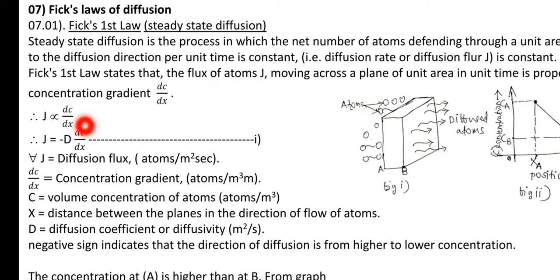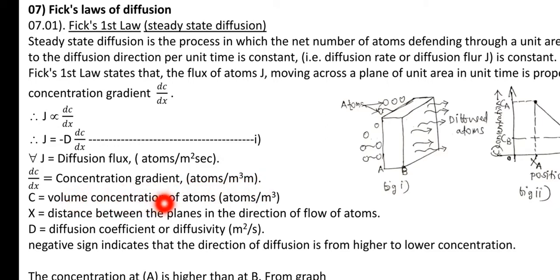The number of atoms passing through a unit area perpendicular to it per unit time is known as diffusion flux. So diffusion flux J is directly proportional to dC by dx. dC means concentration gradient, dx means change in distance, J means diffusion flux, expressed as atoms per meter cube second. dC by dx is the concentration gradient, atoms per meter cube meter.